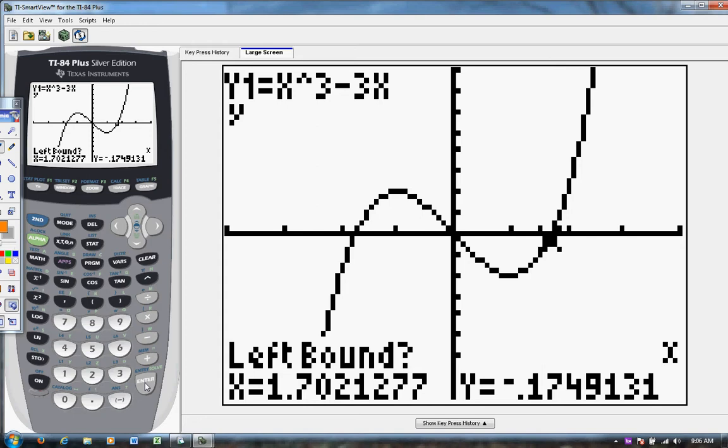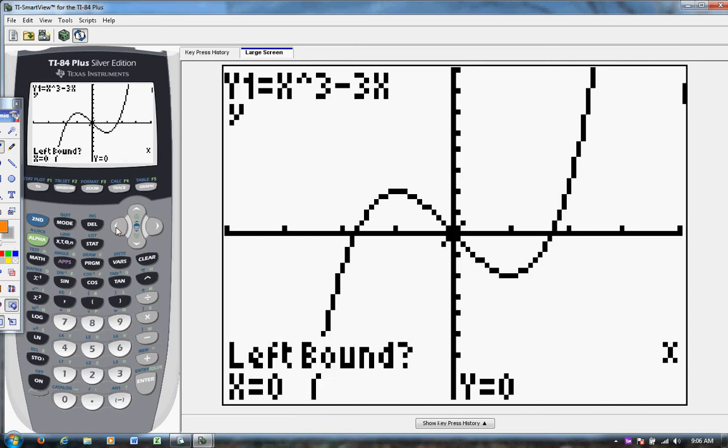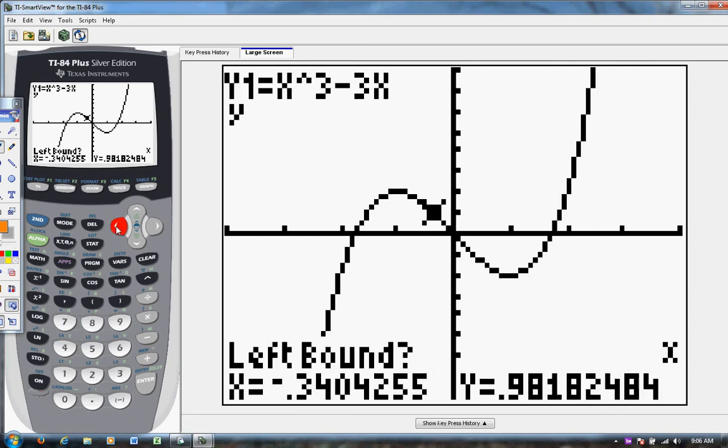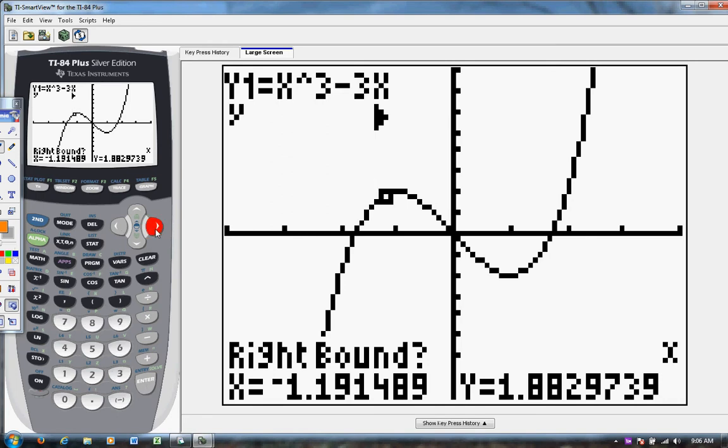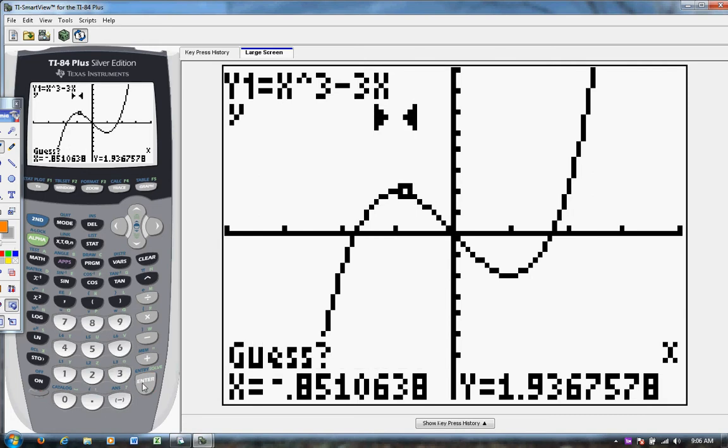Now, this is just like doing the 0. We're going to move my cursor to the left of the maximum, and it doesn't have to be exact, just get it a little bit to the left of it. Okay, right there's good. Hit enter. And then we're going to go to the right of it, and we're going to hit enter. And then once again, we hit enter again because it says guess.